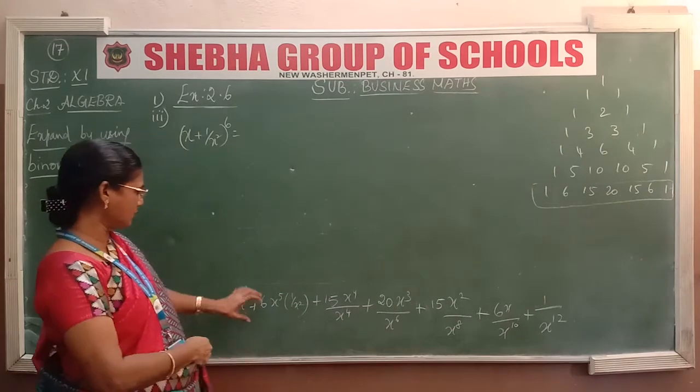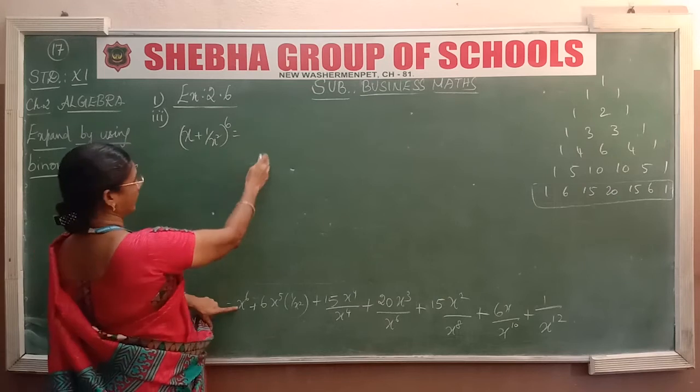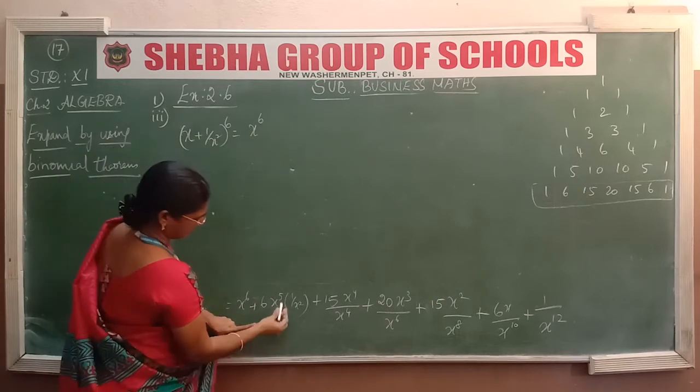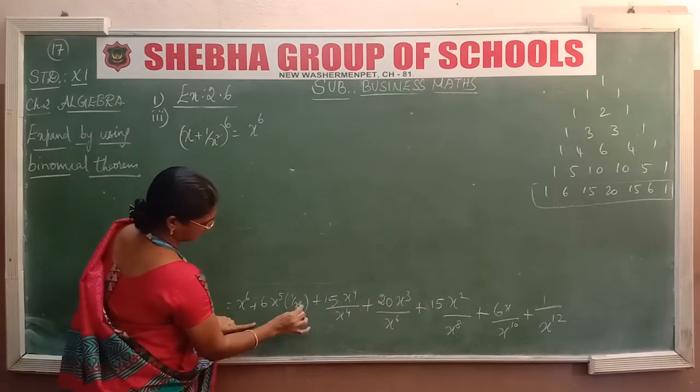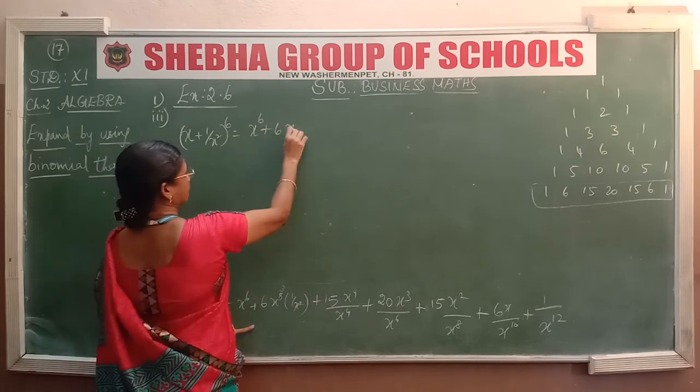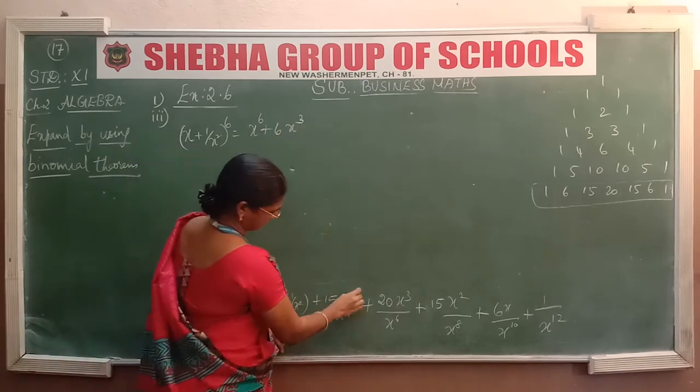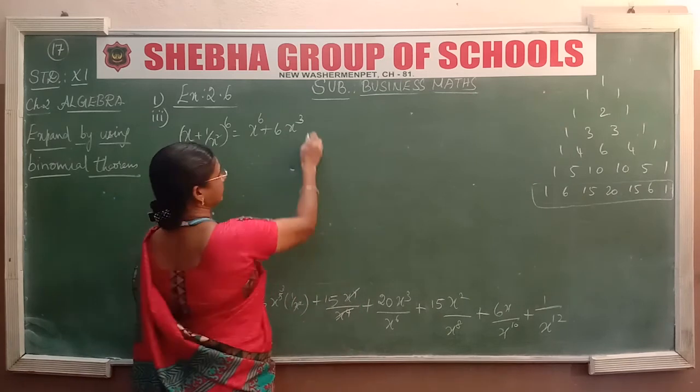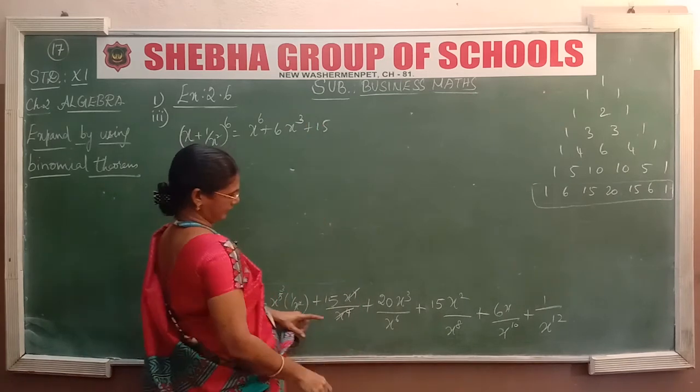So our last step is, this is equal to x power 6. Listen, cancelling x power 2, here we get 3. So plus 6x cube. Next step, x power 4 gets cancelled, so 15.